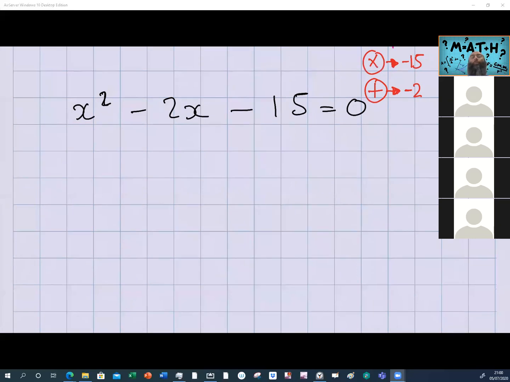Now remember, if it's minus 15, to get a minus, are the answers going to be both positive, both negative or one of each? One of each. Fantastic. So which numbers do you want me to jump on straight away? Minus 3 and plus 5, and plus 3 and minus 5. Okay, those are the ones we need to be considering. So which is the correct one, Salo?